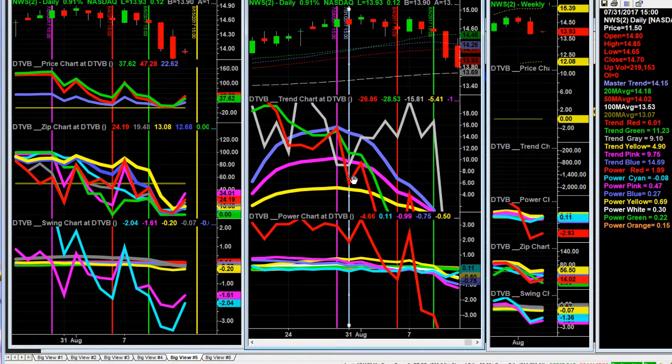Trend gray is 9.1, and on the pink vertical line, trend gray is 9.2. So it's dropping down just a little bit. But it goes up on the day after the vertical green line because we had these down touches, primarily on the trend trio lines.